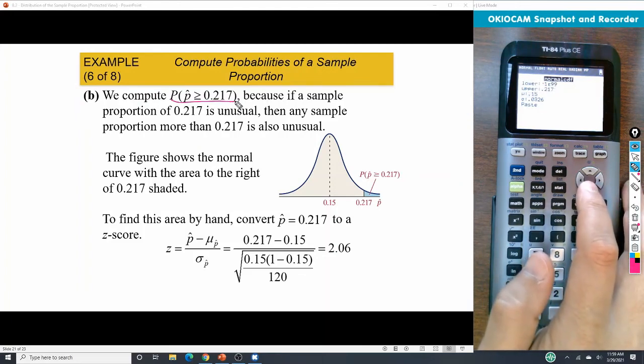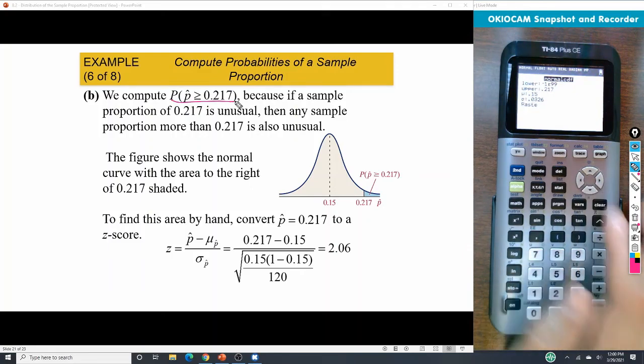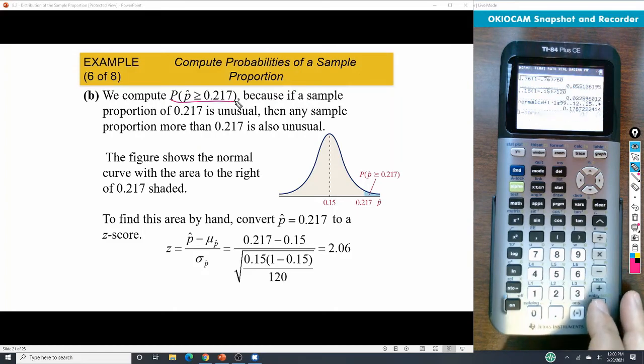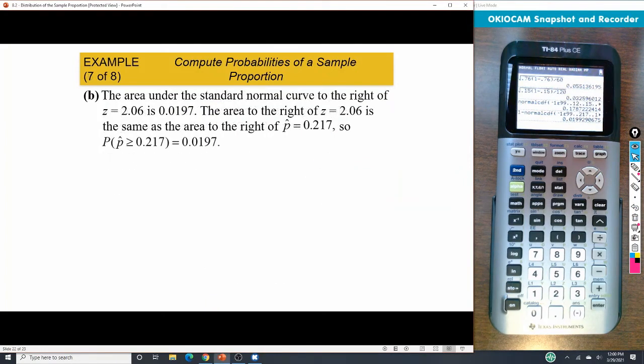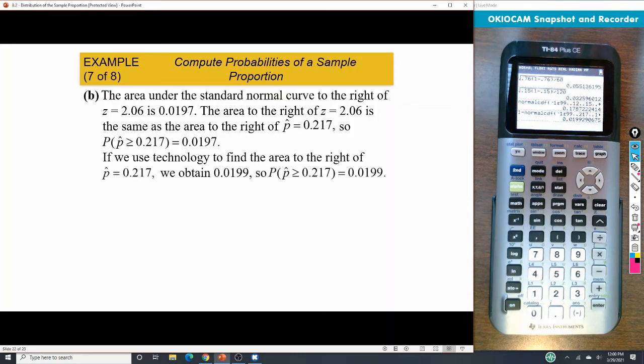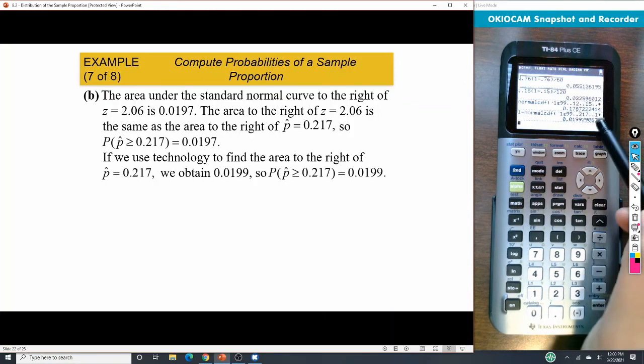These two things aren't changing because we're still dealing with the same numbers: we're still dealing with 0.15 and the same standard deviation, because we have the same sample size. When we look back at our problem, their answer was 0.199, which is what we got as well.